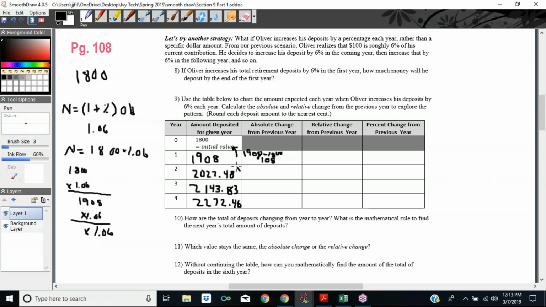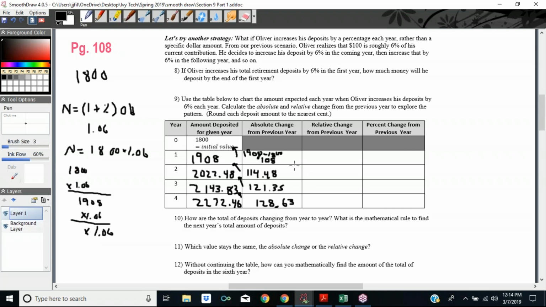And then I'm just going to subtract these for you and write the answers in just to save us a little bit of time because we have so much to do today. 114.48, and then 121.35, and the last two, subtracting those, we get 128.63. So those are the absolute changes.